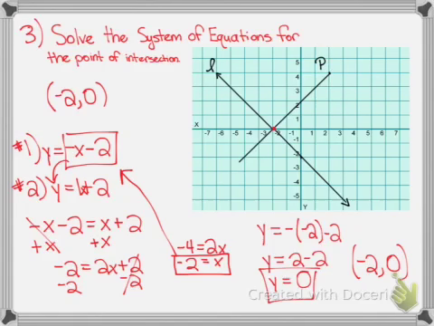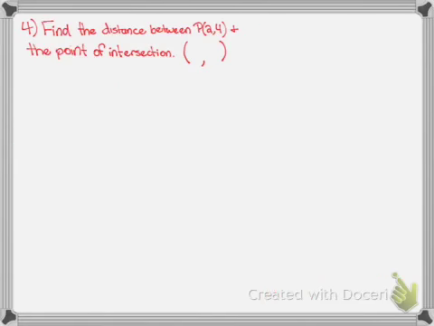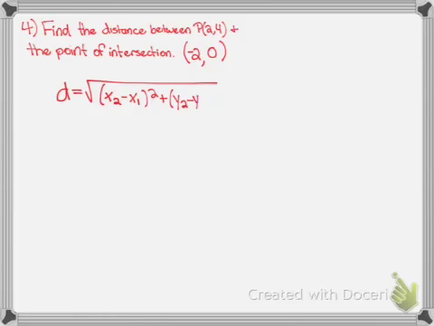So the very last step is going to be finding the distance from our point of intersection, which is (-2, 0), and point P, which is (2, 4). To do that, I have to use the distance formula, which is d equals the square root of x2 minus x1 squared plus y2 minus y1 squared.